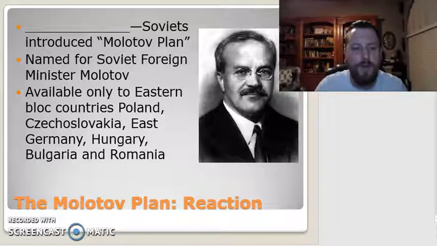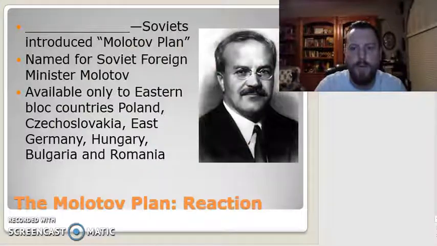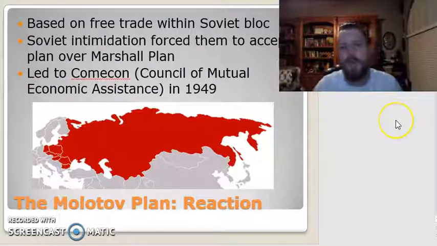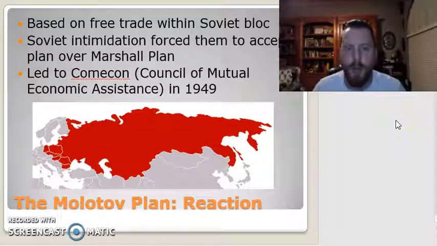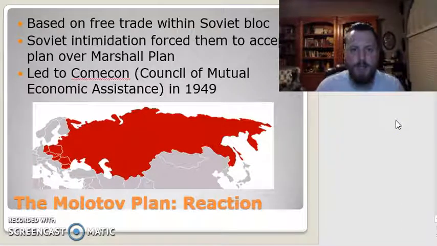These countries will include Poland, Czechoslovakia, Eastern Germany, which we're about to talk about, Hungary, Bulgaria, and Romania. So what this is going to create, like I said before, is the Iron Curtain, or the Soviet bloc. You see a map down here at the bottom.